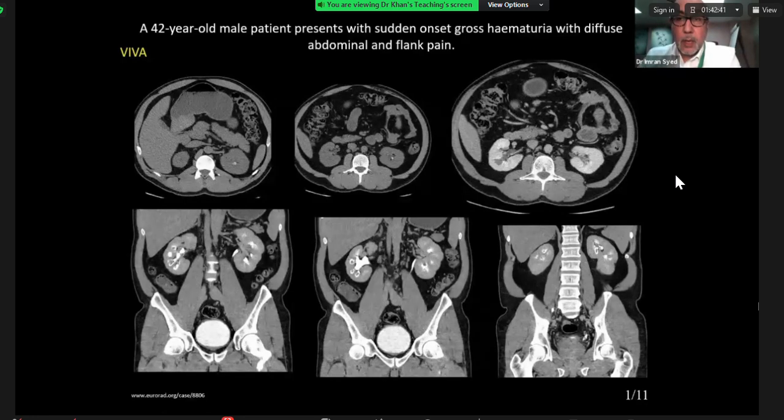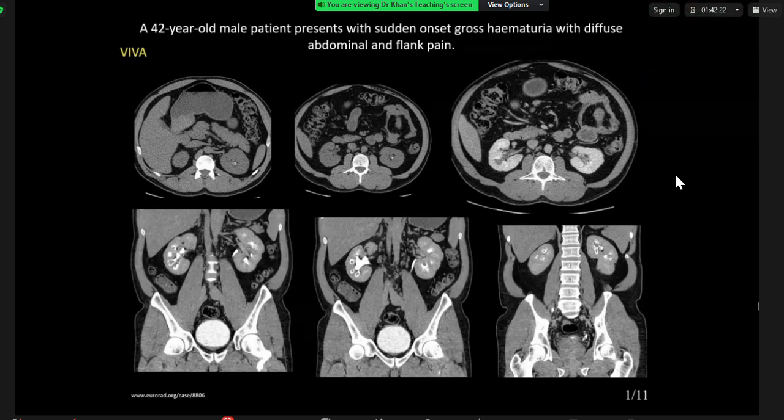This is a 42-year-old male, and they presented with abdominal and flank pain, sudden onset of gross hematuria. Please talk me through what you can see. Okay, so these are non-contrast, delayed contrast enhanced, and I think urographic phase images.